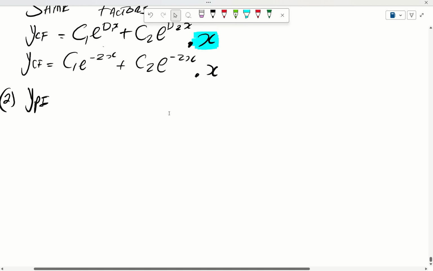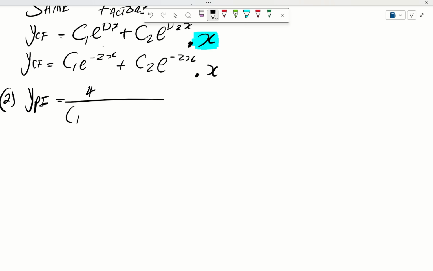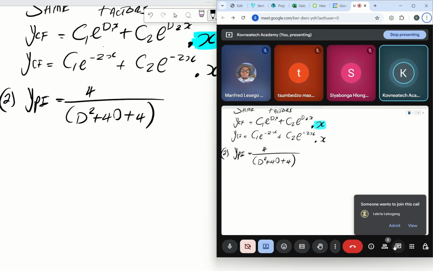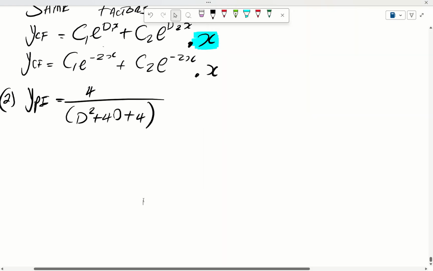So what you're going to do here is say it's ypi, meaning I go to the original equation and make ypi the subject of the formula. So I'm going to have 4 divided by D squared plus 4D plus 4. You just divide by your left hand side.